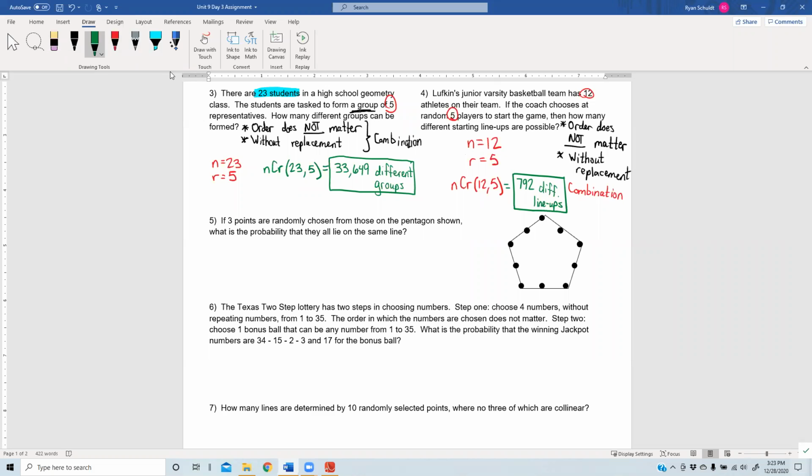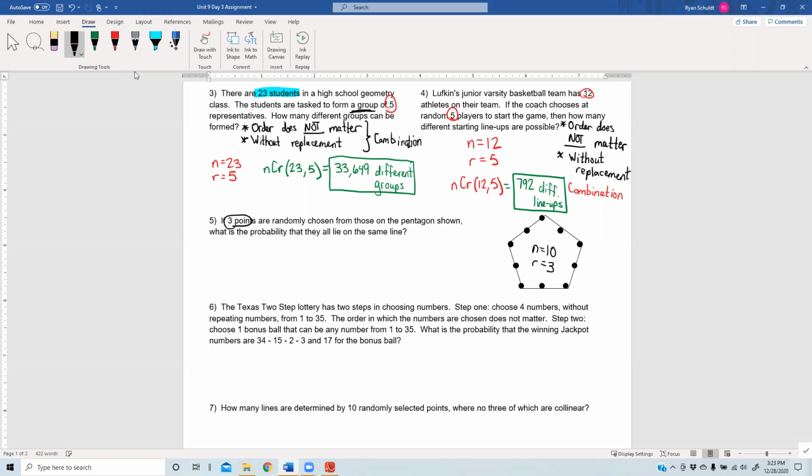Well, let's count them. 1, 2, 3, 4, 5, 6, 7, 8, 9. There's 10 total. So N is 10. How many are we picking? Picking 3. So R is 3. It doesn't matter the order we pick, and we can't pick a point more than once. So this is a combination.